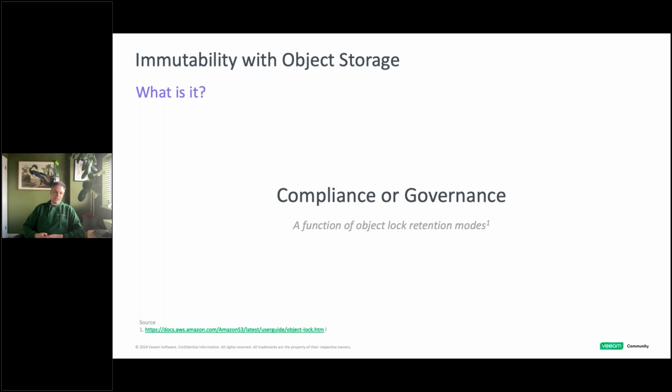It's not an official standard, that's up for much debate in the industry, but most technologies say they are S3 compliant. Even Veeam itself, if you go to add an object storage repository and it's not one of those vendors explicitly called out, you'll see it says S3 compliant. But getting back to what I was talking about, compliance or governance.